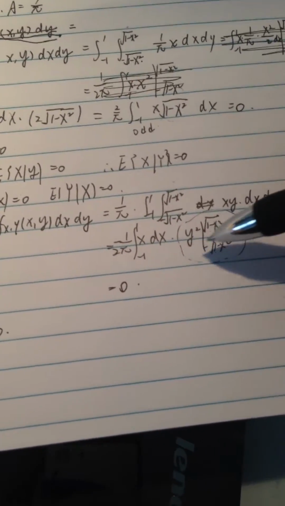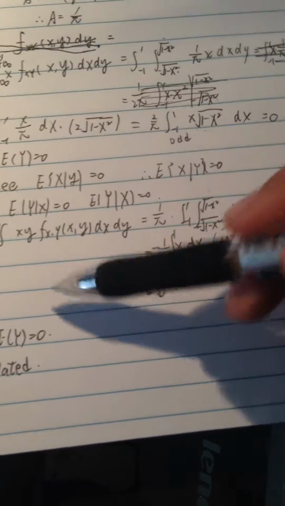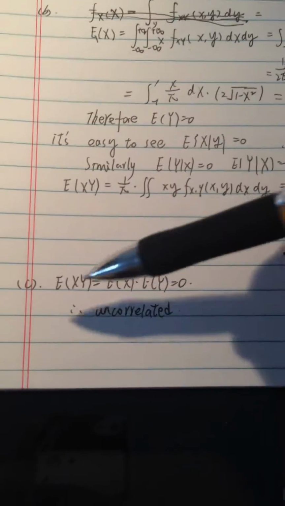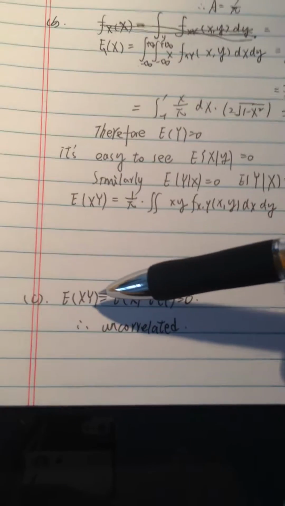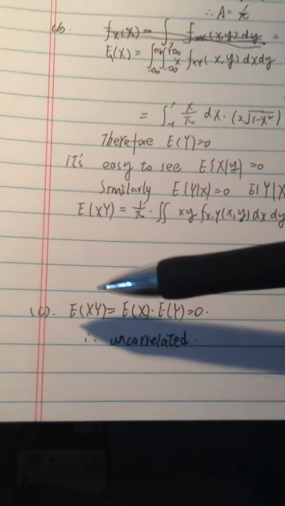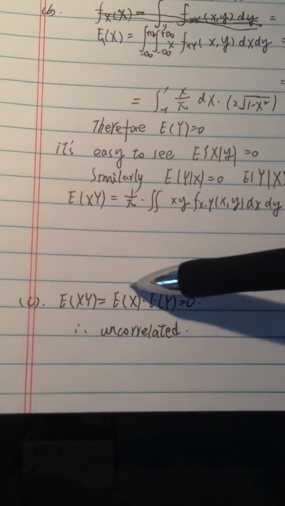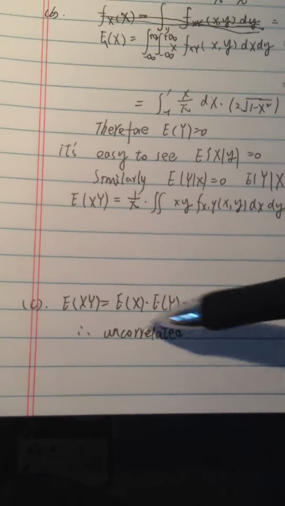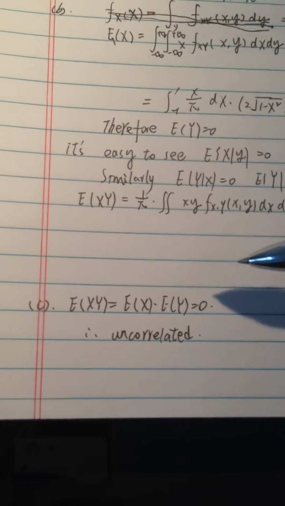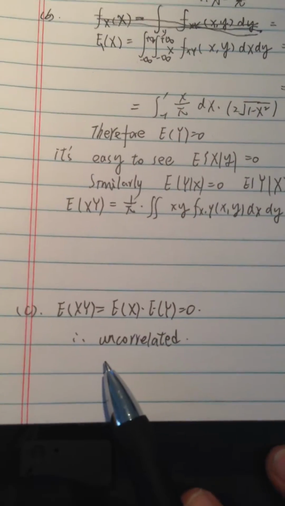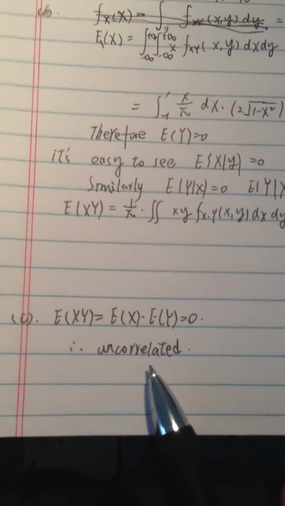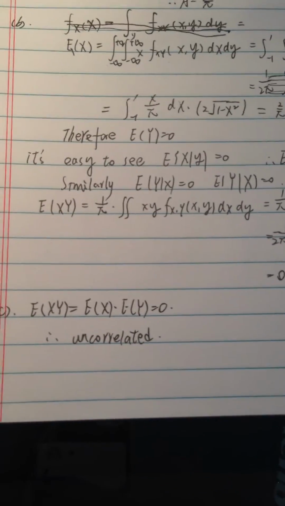So after the subtraction, this integration must be 0. So it's easy to figure out that in the third question, the expectation of xy equals 0, and these two are both equal to 0. So this equation is valid. Therefore, x and y are uncorrelated. Okay, that's all. Thank you.